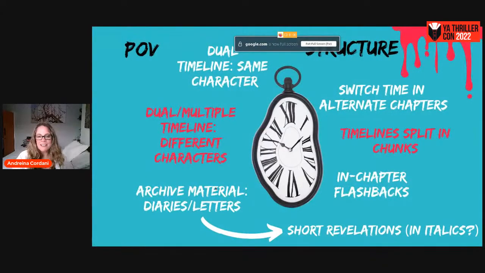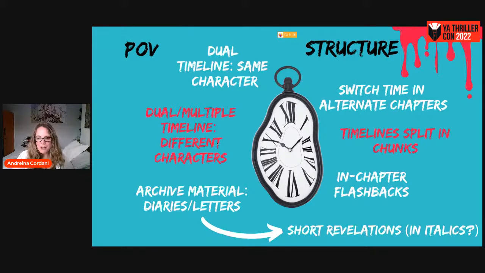So what was I saying about timelines? I don't think I mentioned the other option in the slide. The other structural thing you can do is diaries, letters, archive material.